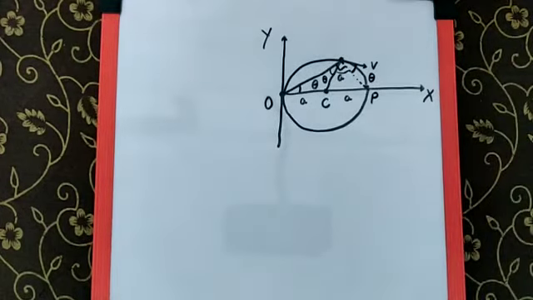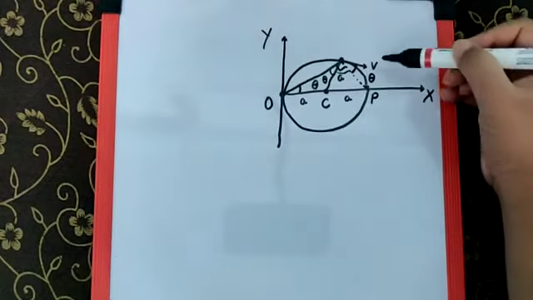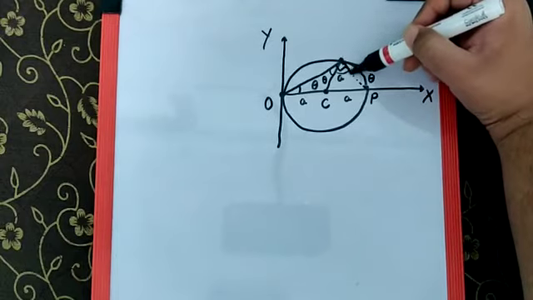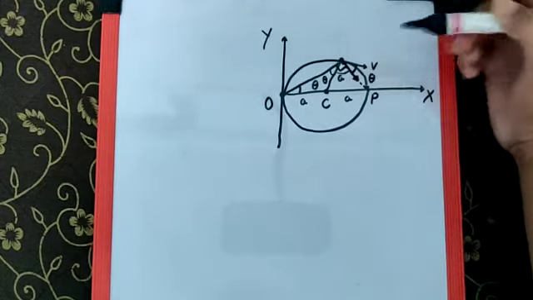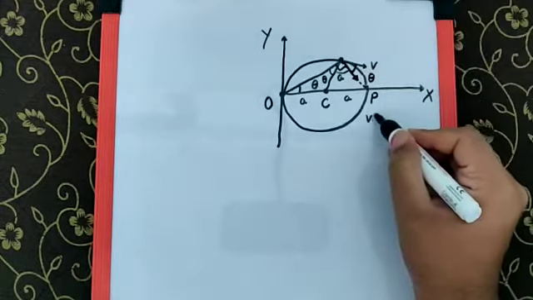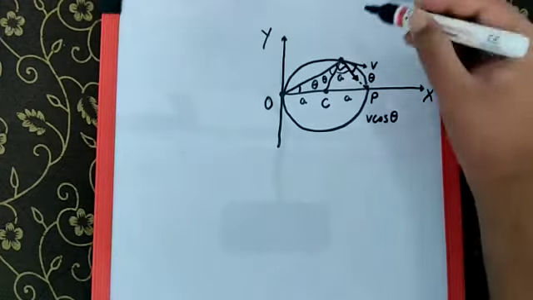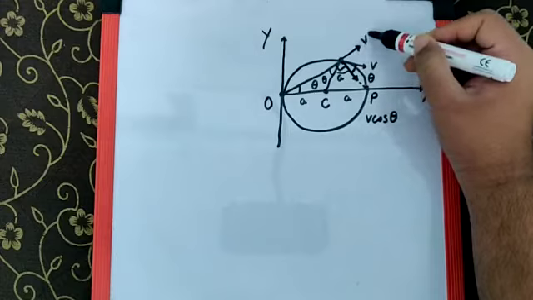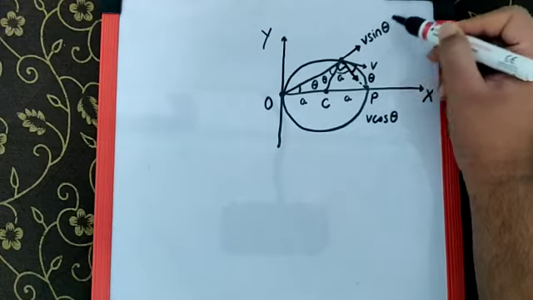Basically 90 minus theta, that makes it theta again. So if we resolve this velocity v with theta, this component is going to be v cos theta and this component is going to be v sin theta.